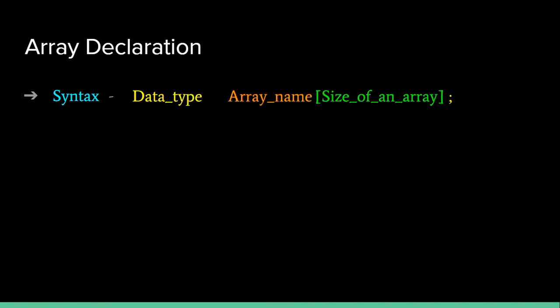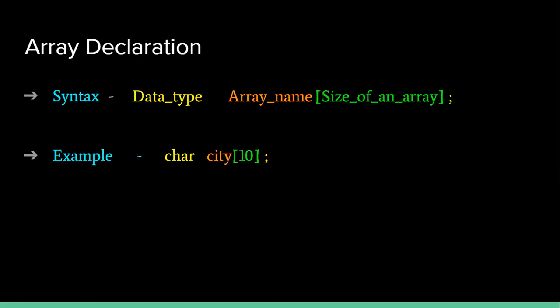The next point is array declaration. We must know the syntax of array declaration while writing a program: data type, array name, and square brackets. You have to mention the size of the array. Let's take one example. Here we have declared the character array city of size 10.